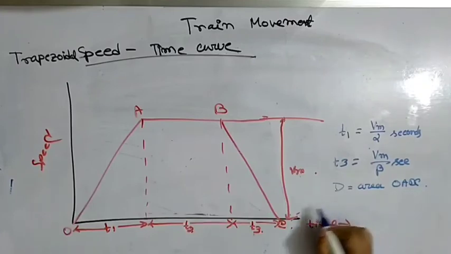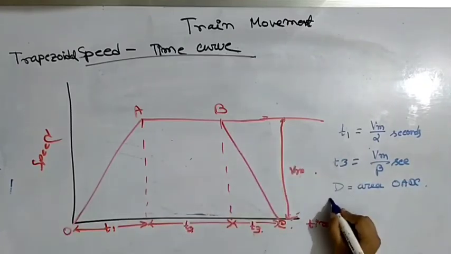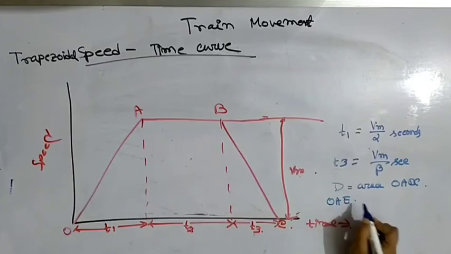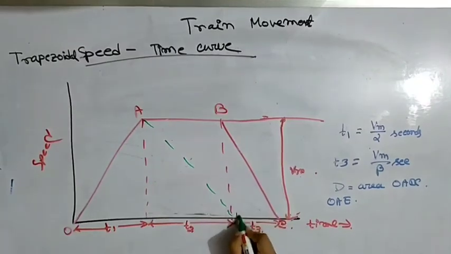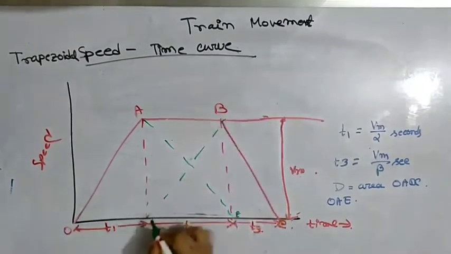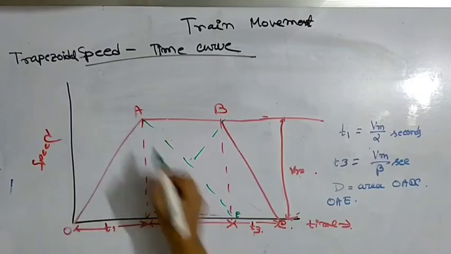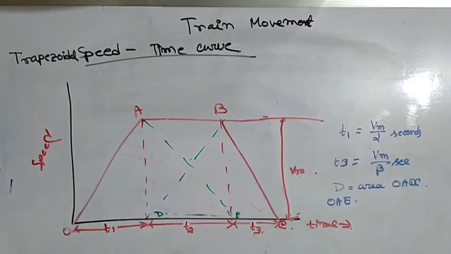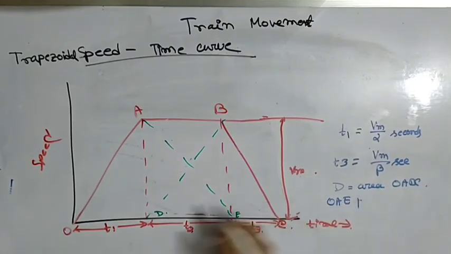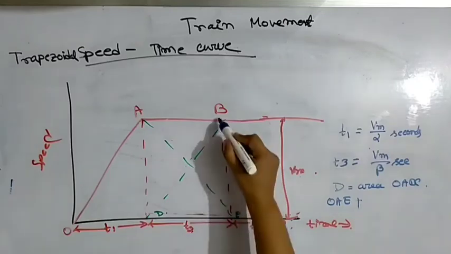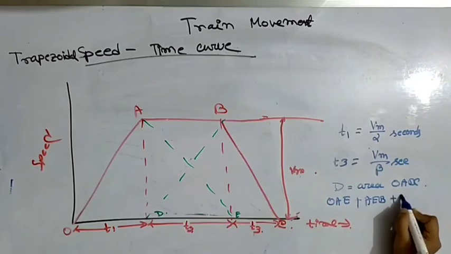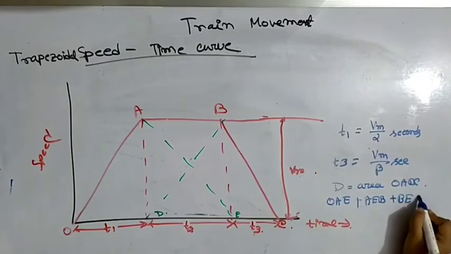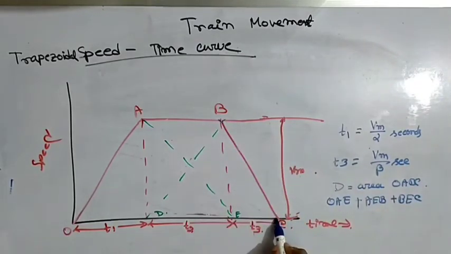So we can divide this total area into OAE, where E is this point and this point is D, plus AEB, and BEC.